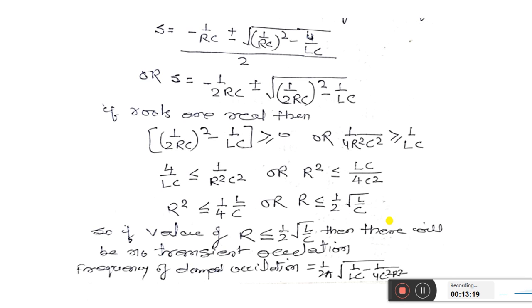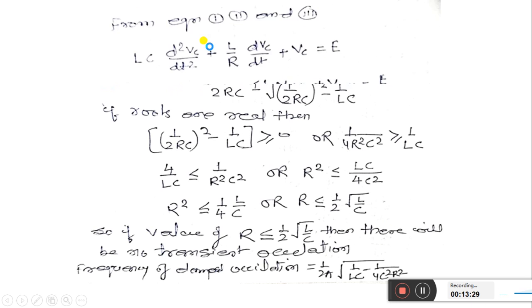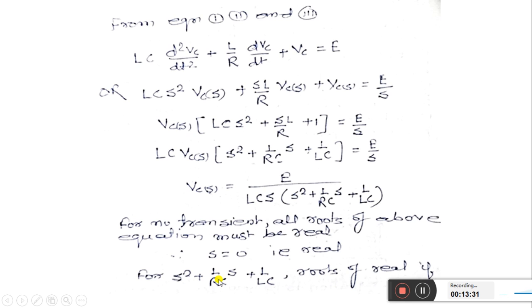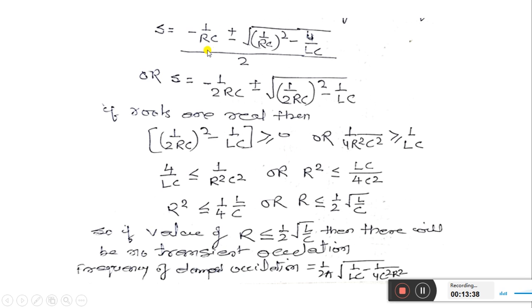So we can write S equal to minus b, that is minus 1 by RC. From where is minus 1 by RC coming? This is a, b, c. Minus b means minus 1 by RC. Same thing written: minus 1 by RC plus minus under root b square minus 4ac.